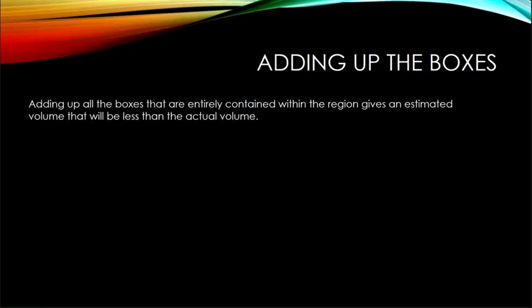Just like one variable and two variable functions, I'm going to add up all these smaller regions that are entirely contained within my region D, and this will give me an estimated volume that will be less than the actual volume because I've only summed up the boxes that are entirely contained within the region.